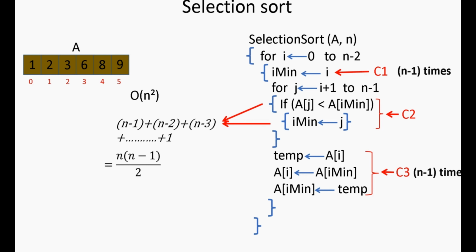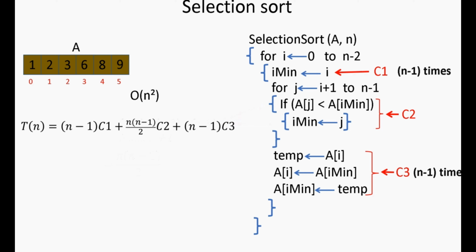We'll go till 1 for i equals n-2, and this will be equal to n multiplied by n-1 upon 2. So overall time taken will be something like this. And if you evaluate this, it will be some polynomial like an squared plus bn plus c, where a, b, and c will be some constants in terms of c1, c2, and c3.